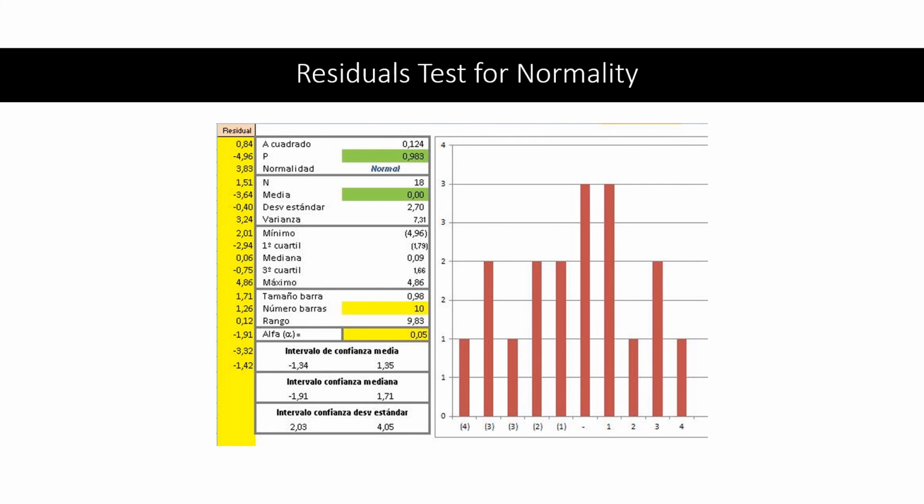The next check is to make sure that the average of the residuals is close to 0. Also that the residuals follow a normal distribution, see sheet normality. If the p-value for this normality check was below 0.05, this would indicate lack of normality. Since it is 0.983, well above 0.05, it passes the test.